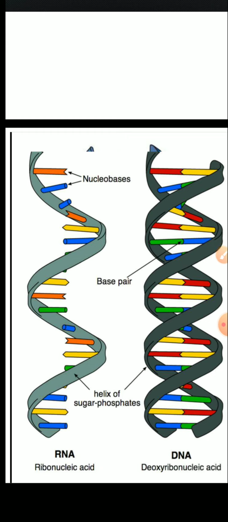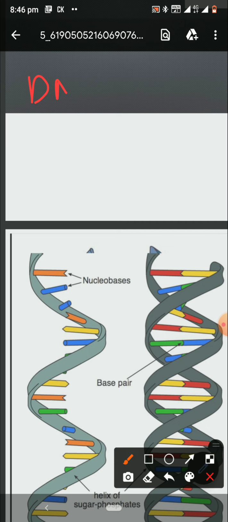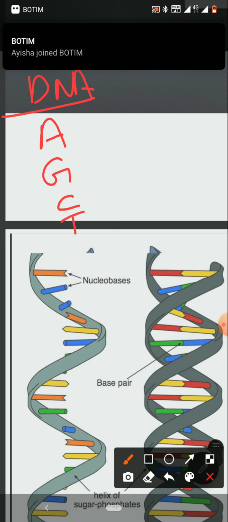Now coming to the next point, that is location. The DNA is usually present in the nucleus of the cell, whereas RNA is usually found in cytosol or in the ribosomes. And then they differ in the nitrogen bases. In DNA, the nitrogen bases are adenine, guanine, cytosine and thymine.